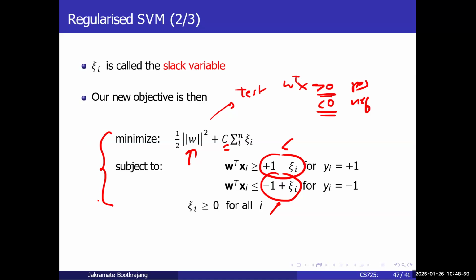You will learn about this in an advanced algorithm class to solve this type of optimization problem. But for us, we can write the equation here, and then we just use the package that someone already implemented for us.